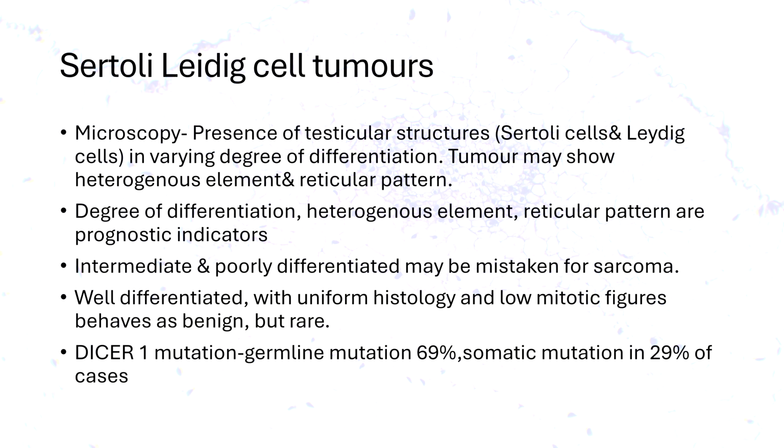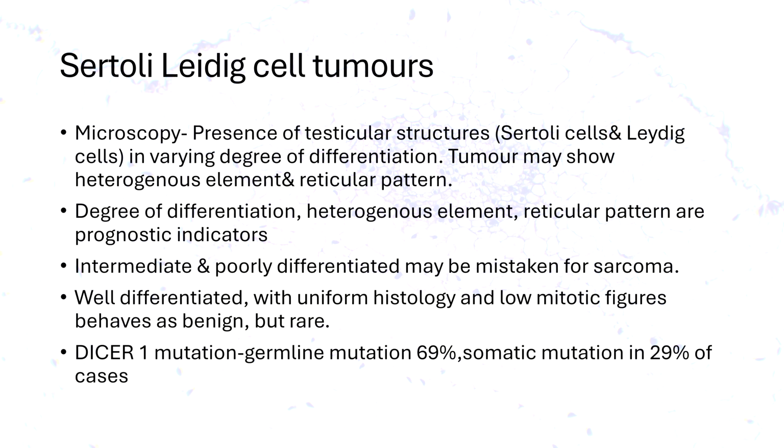Tumor may show heterogeneous element and reticular pattern. The degree of differentiation, the heterogeneous element and reticular pattern are prognostic indicators. Intermediate and poorly differentiated tumors may be mistaken for a sarcoma. Well differentiated tumors with a uniform histology and low mitotic figures behave as benign, but are rare compared to intermediate and poorly differentiated.